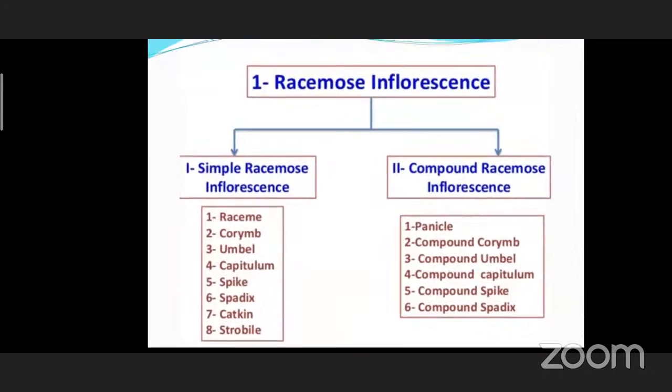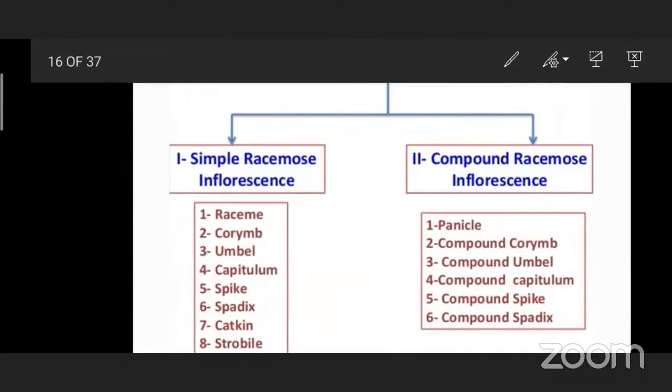This is simple racemose inflorescence. First one raceme type, second one corymb type, third one umbel type, fourth one capitulum or head inflorescence, fifth one spike type, and sixth one spadix. Okay.